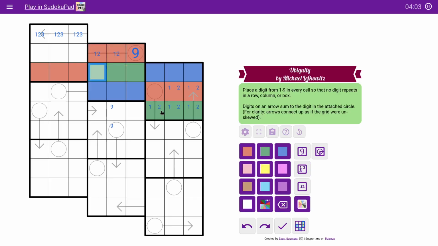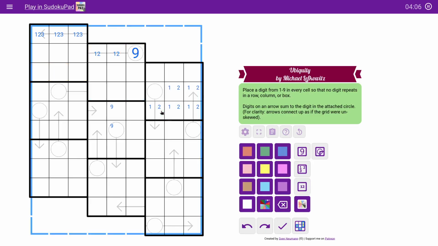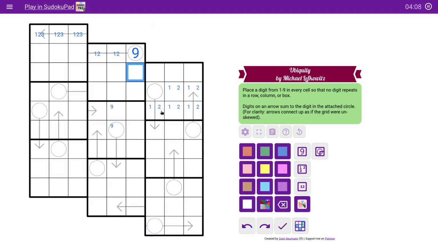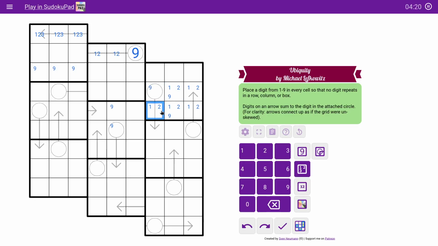So there's something going on here in the skew that is allowing us to make deductions that I'm not quite seeing. Like, I know there's a 9 here, so there has to be a 9 here. What are these 6 digits? They do not include a 1 or a 2.